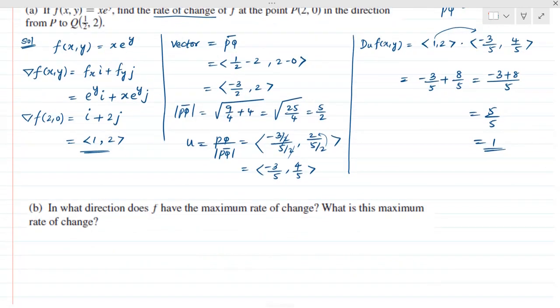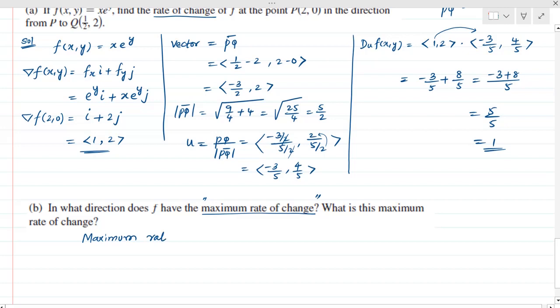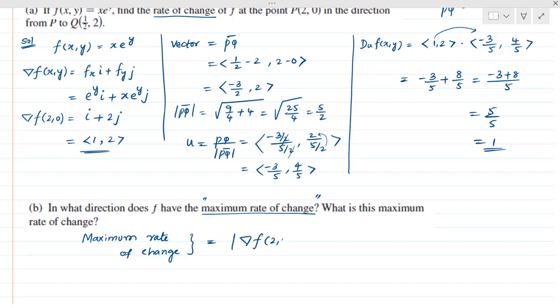Now what is the next one? It is asking to find the maximum rate of change. Maximum means you have to take the absolute value of the gradient. So the maximum rate of change is given by the magnitude of the gradient vector at the point 2 comma 0.